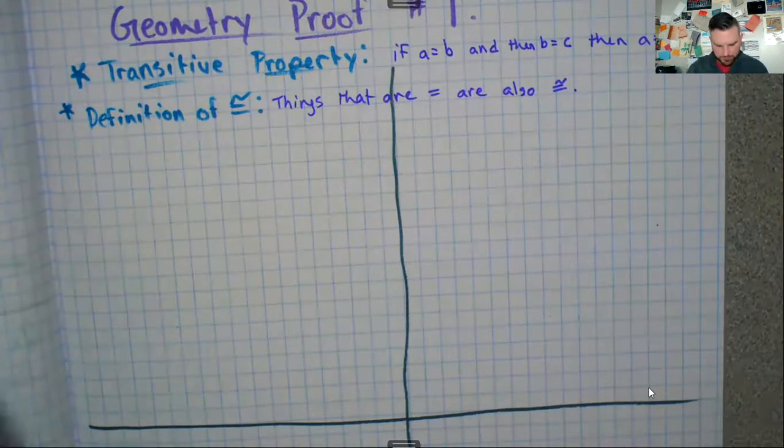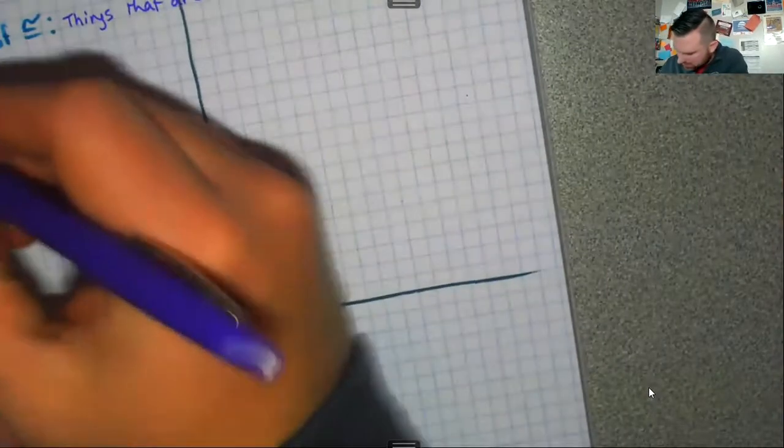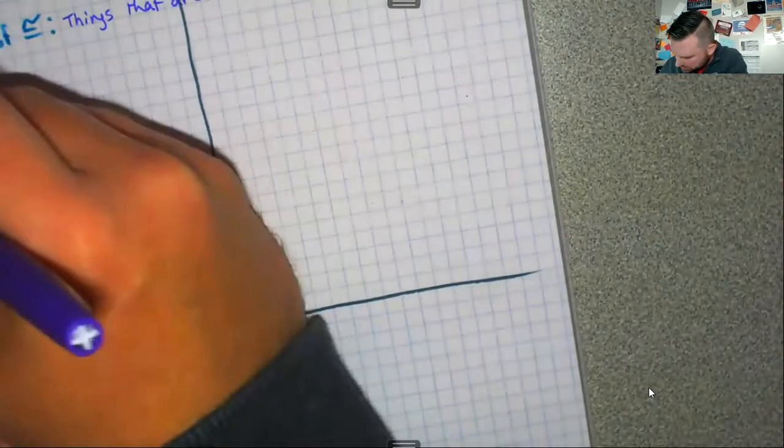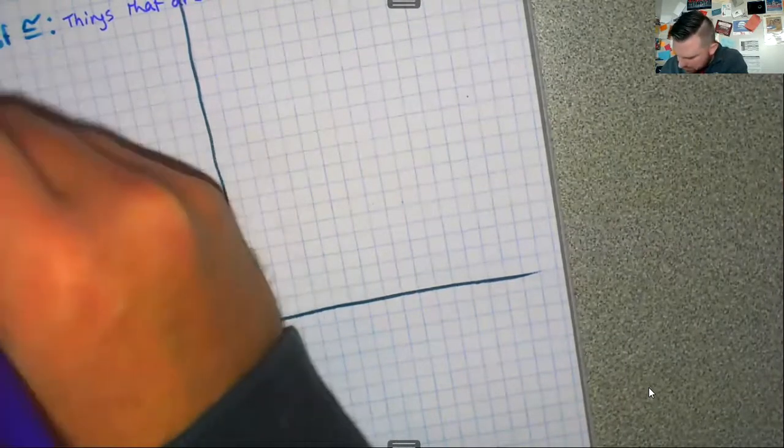So we'll draw a picture. Okay, so I've got a triangle here, ABC.